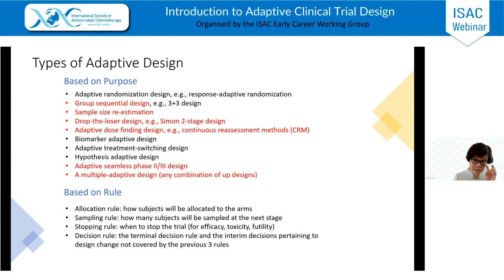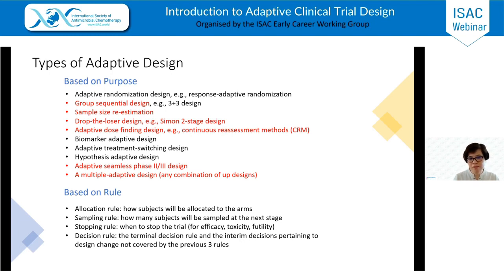The others I didn't see that many designs, and I'm not aware of any new drug design through those. But group sequential and the first 4 highlighted I think are used quite often, and the seamless one is also very often.